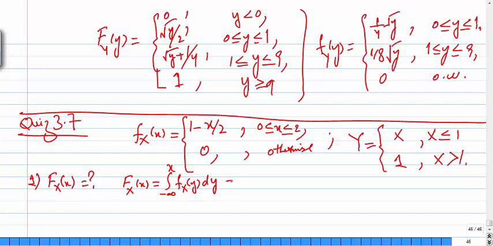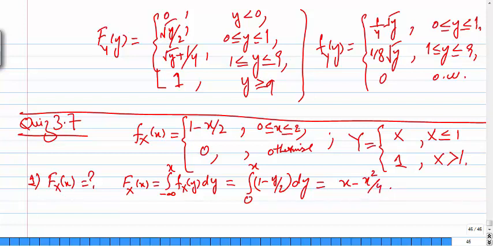Now when we do that, because it starts from 0, we put 0 and go up to x. So from 0 to x it becomes the integral of 1 minus y by 2 dy. We can solve it easily. It becomes x minus x squared divided by 4. So this is the CDF for this range.